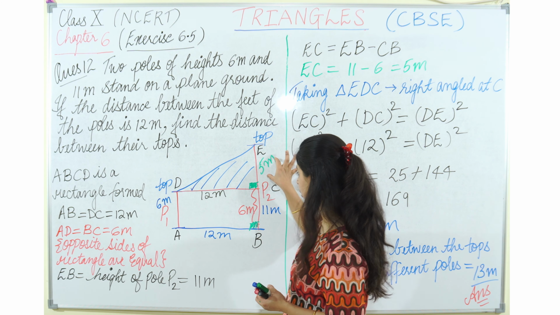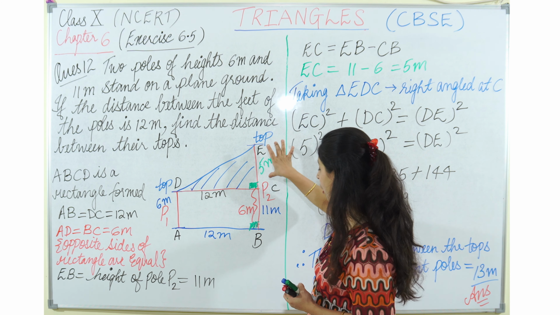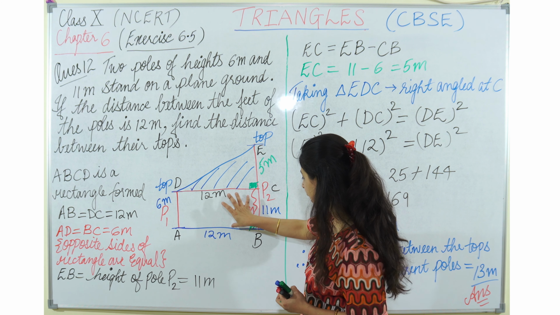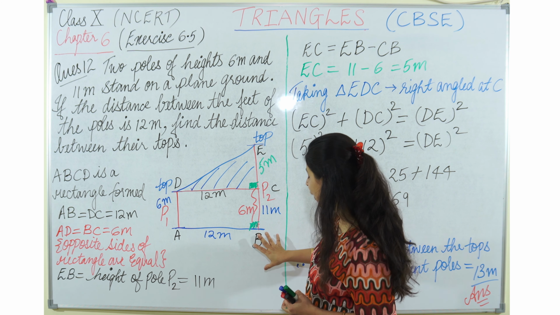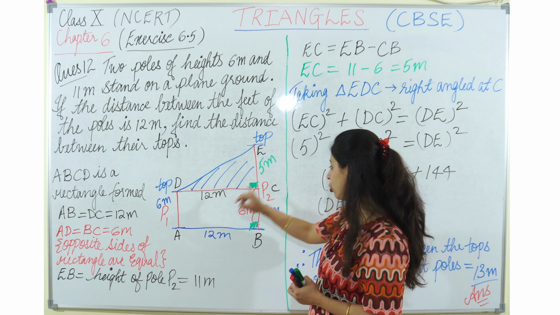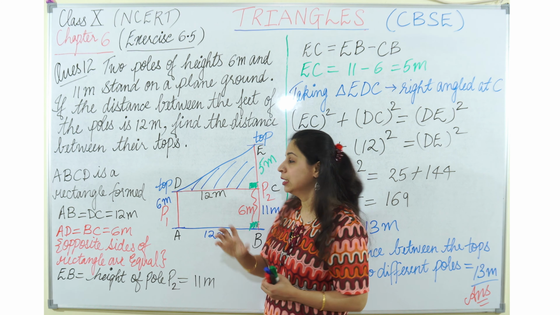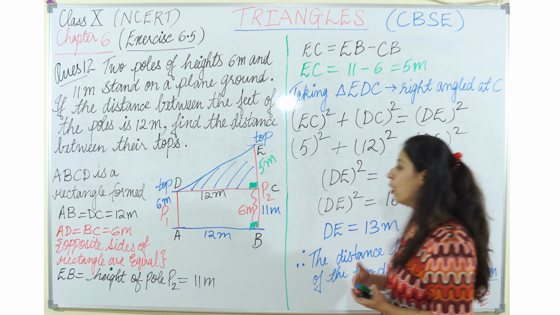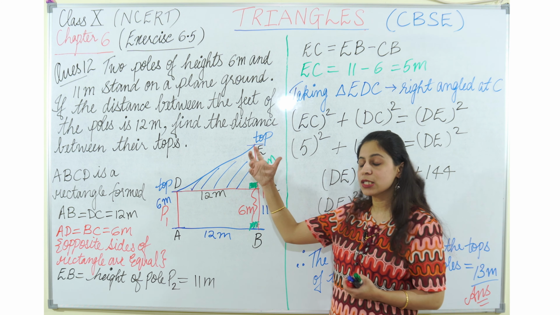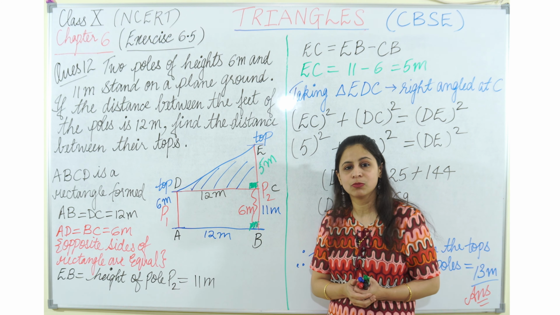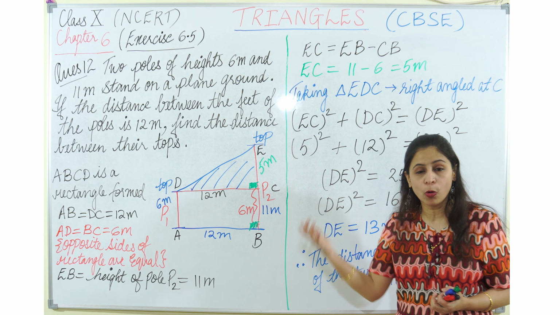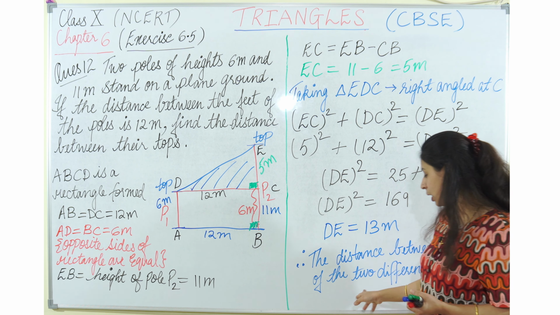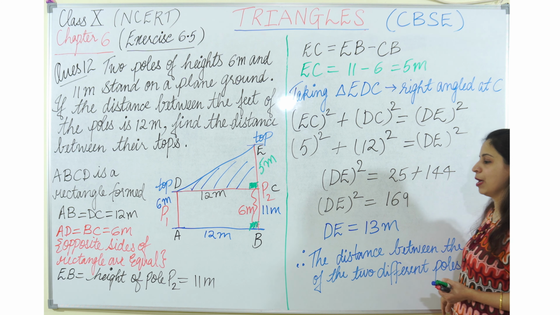We were not having the perpendicular for the triangle, so we found the perpendicular by subtracting the height of CB from the whole height, which was 11. When we got two sides of the triangle, it was clear that we can easily find the hypotenuse. So my hypotenuse DE, the distance between the tops of the two poles, is 13 meters as my answer.